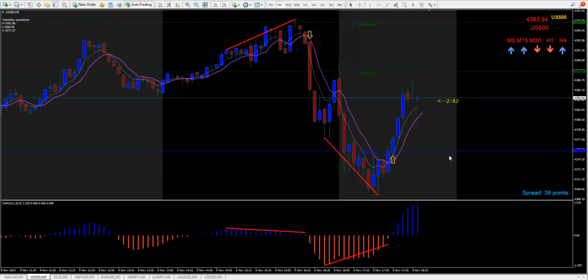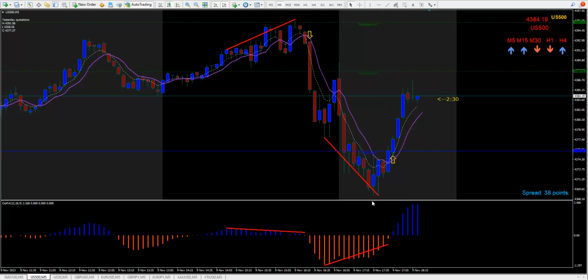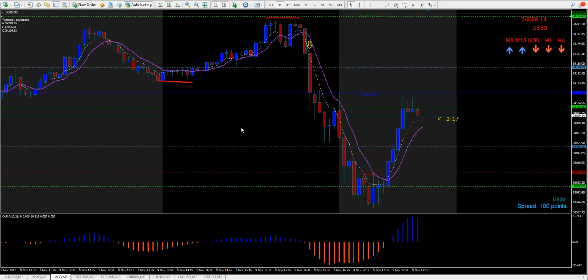Buy it right there. And up it goes. 11 points with a 6 or 7 point stop. Would have been good. If you would have done this one too, you would have been good. But hey, it's dangerous.